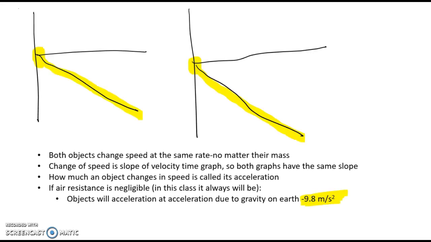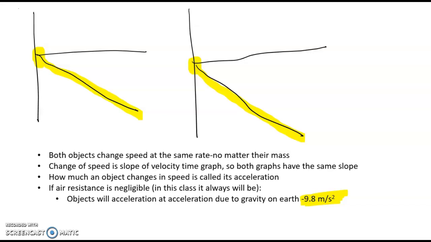The last thing that I'd like to go over is a few other graphs as they relate to objects that are falling through the air. So we started off with graphs that looked like this. And remember, those were going down, and they were in that quadrant because they were velocity graphs. But sometimes you might see a speed graph instead of a velocity graph.